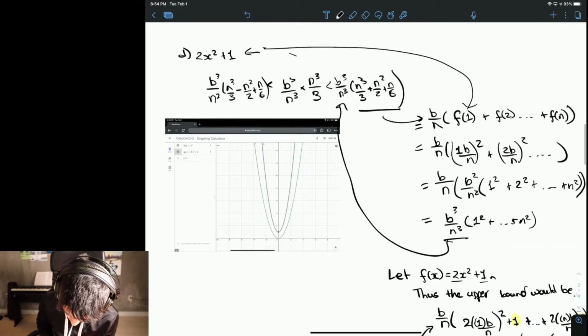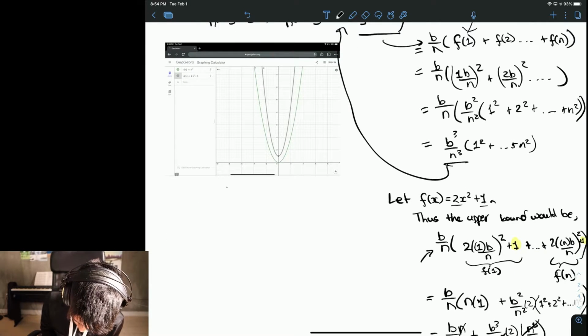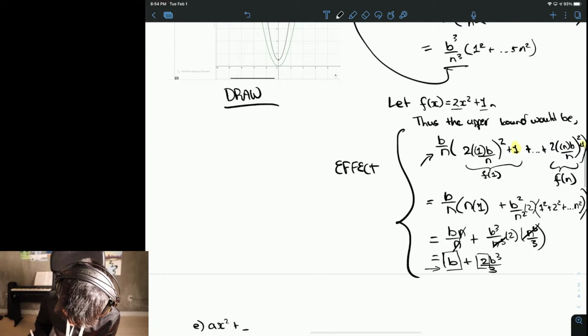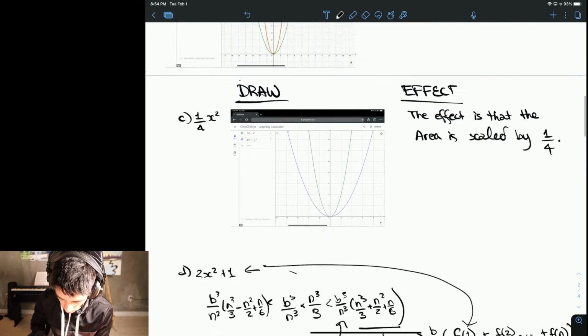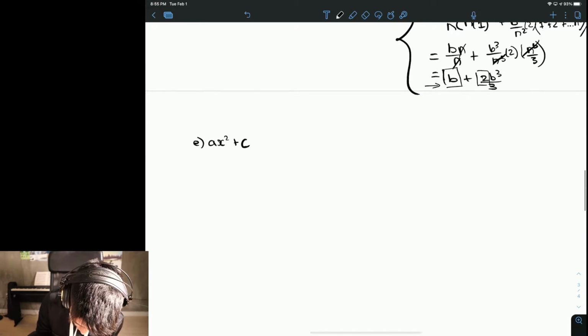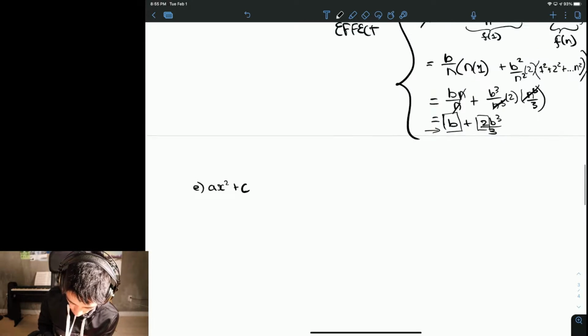This is the effect. And finally, A plus C, I think.